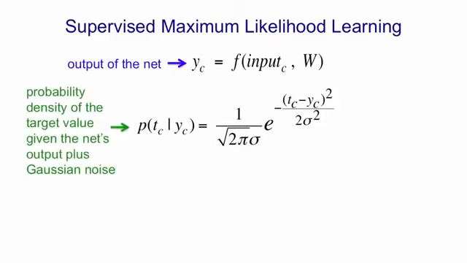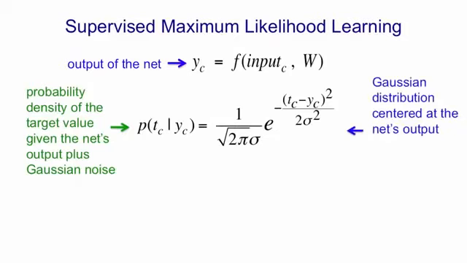So we're interested in the probability density of the target value under a Gaussian centered at the output of the neural net. And on the right here, we have that Gaussian distribution with mean yc. We also have to assume some variance, and that variance will be important later.